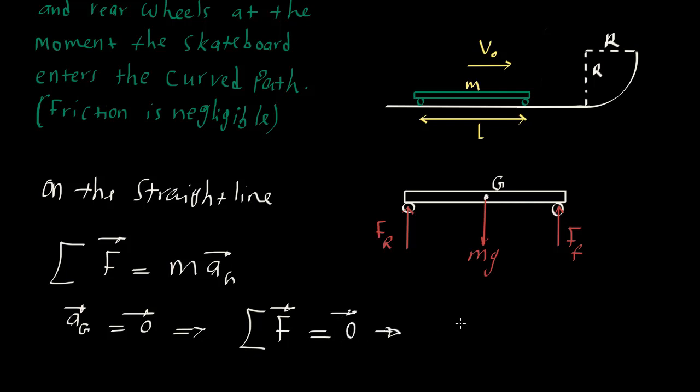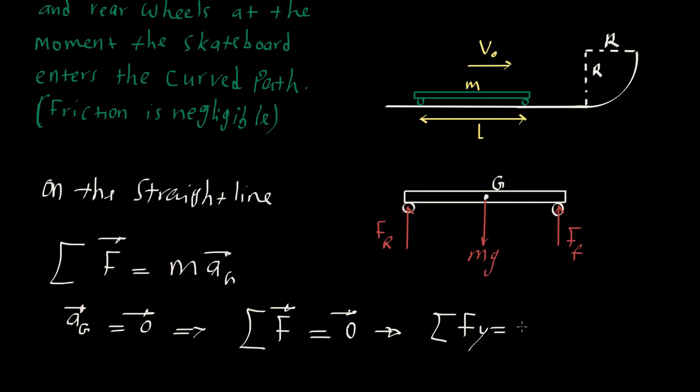So from here we consider forces in the x direction and also forces in the y direction. We don't have any forces in the x direction, so we are going to have the sum of all the forces in the y direction equal to 0.